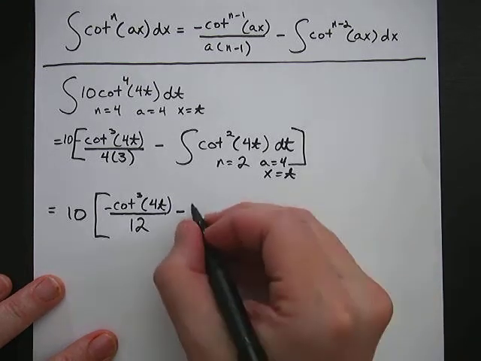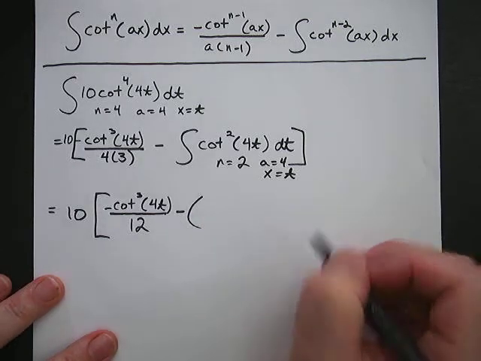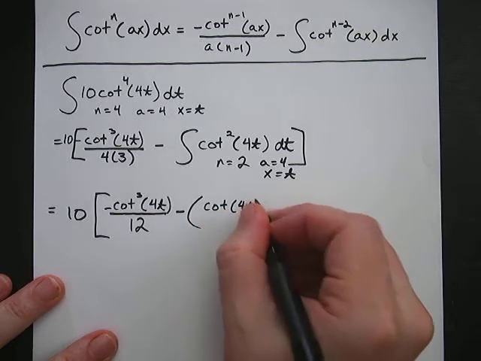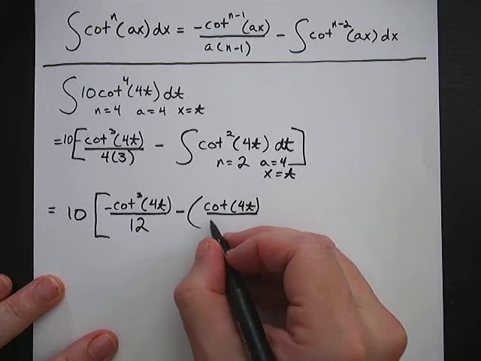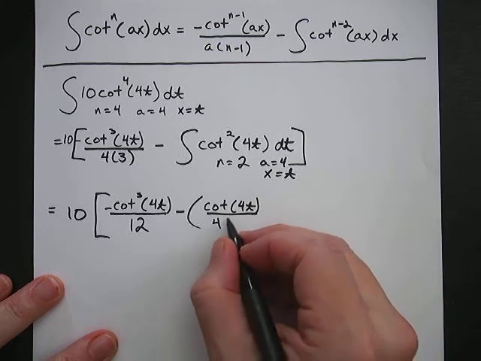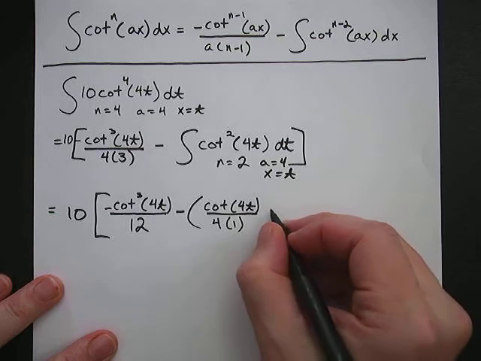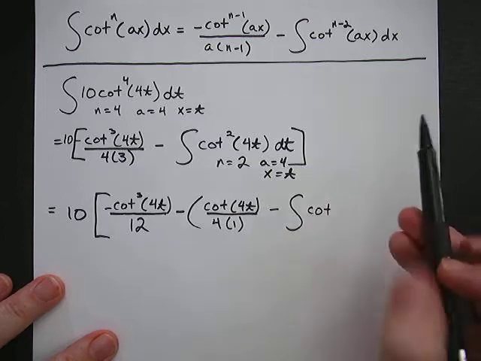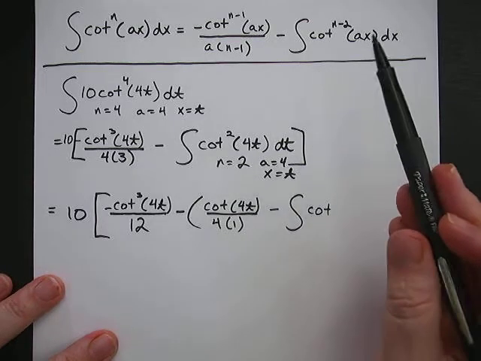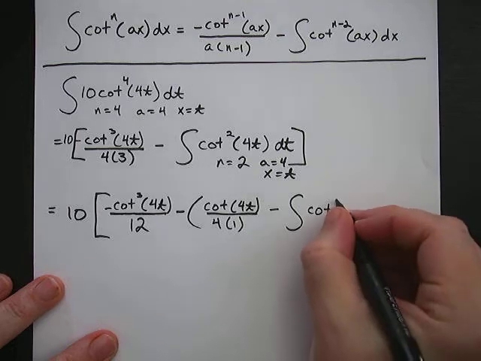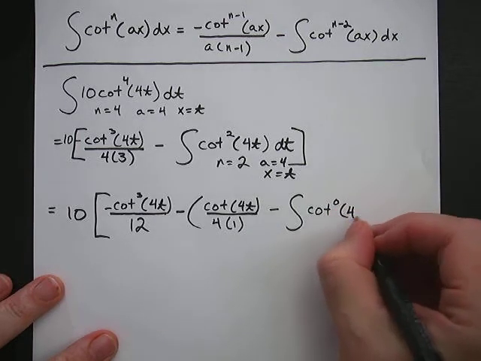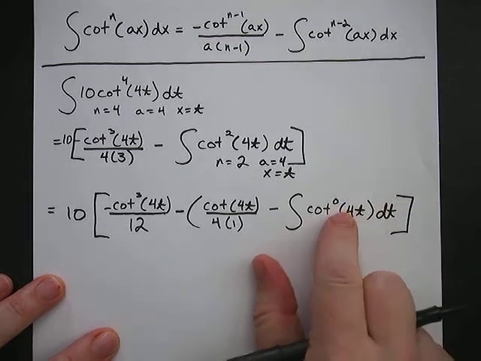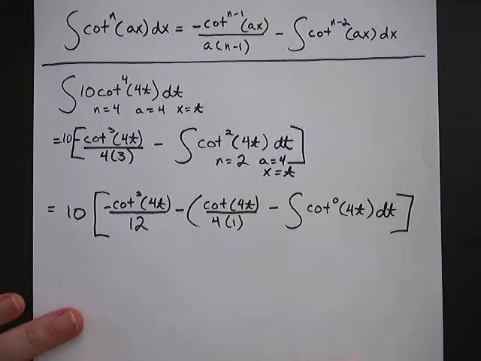Okay, so this becomes parentheses, because I need to distribute the negative sign, of cotangent of 4t divided by a is 4, n is 2, so 2 minus 1 is 1, minus the integral of cotangent, and the power here, since the power was 2 and it's n minus 2, is going to be a power of 0 of 4t dt. Close your parentheses.